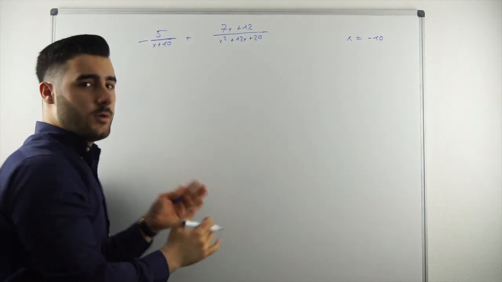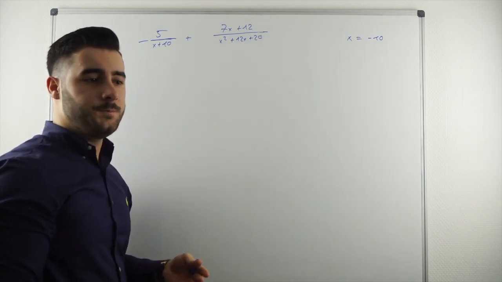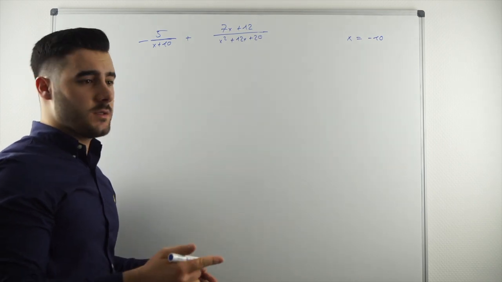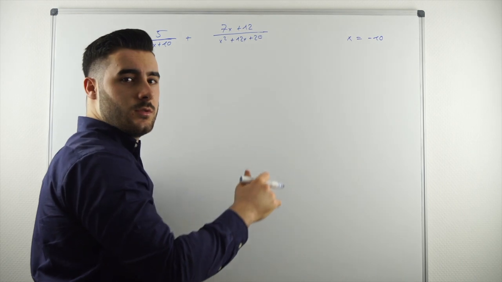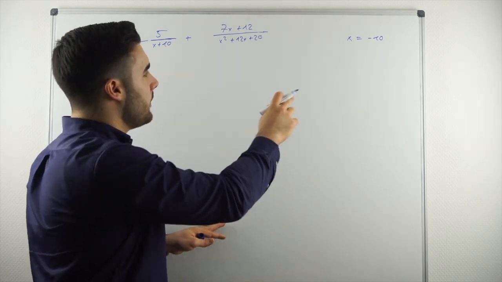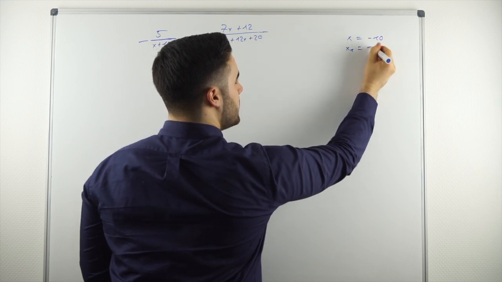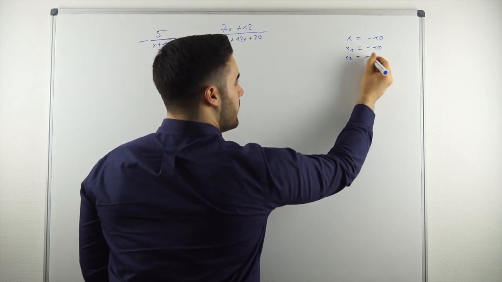For the other one it's a bit more difficult, using the ABC or PQ formula, depending on which one you use more frequently, but the video on that is still coming. So I will just show you the result: x1 is also minus 10 and x2 is minus 2.